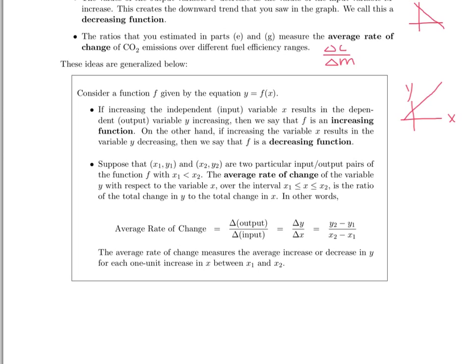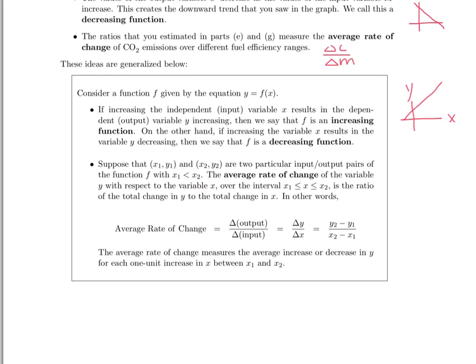So suppose that you have two input-output pairs. x1, y1 is one input-output pair, and x2, y2 is another input-output pair. And let's just suppose that the x1 is smaller than the x2. So this would be like our initial amount and our later amount.